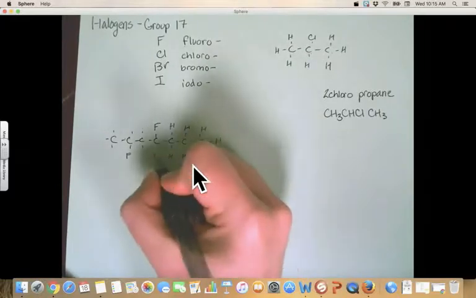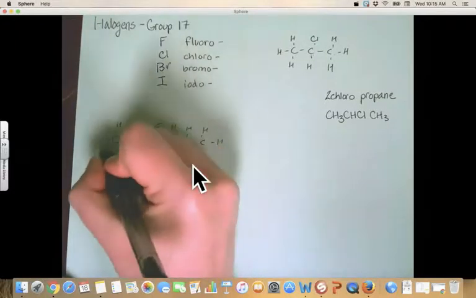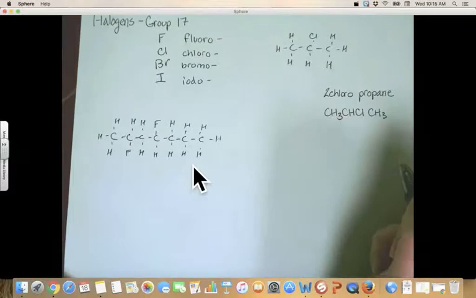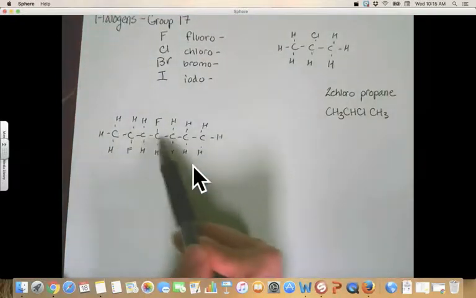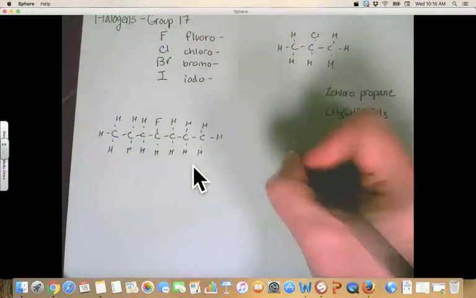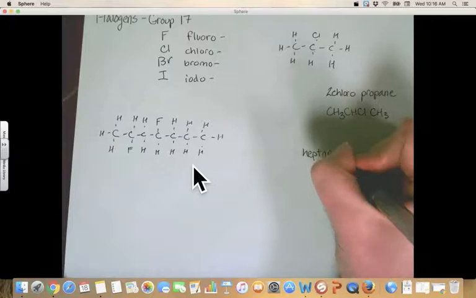Fill in all my hydrogens, because remember, you're supposed to draw all your hydrogens to get credit. I know it's tedious, but sorry. Okay, so here we go. I've got 1, 2, 3, 4, 5, 6, 7. So that's hept. It's all single bonded, so heptane.